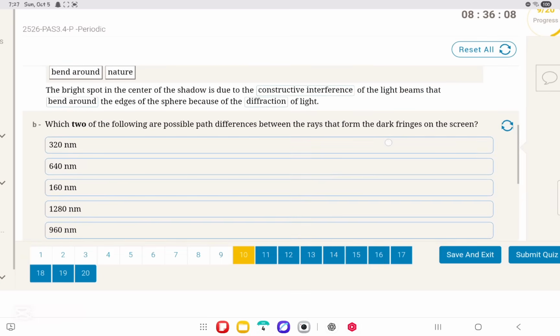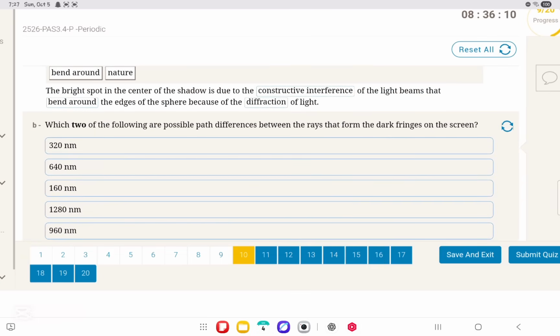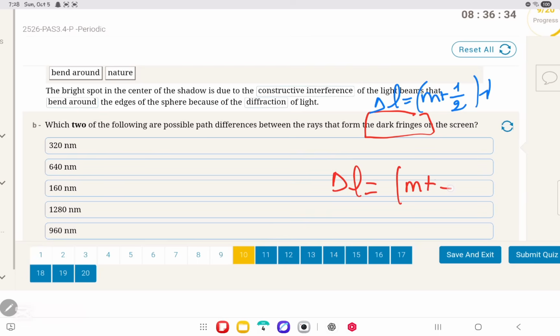Question number 2. Which two of the following are path differences between the rays that form the dark fringes? We know when we see dark fringes, the equation will become delta L equals m plus half lambda. So how much was lambda? Lambda for us was 640 nanometers. That means delta L is equal to m plus half, 640.